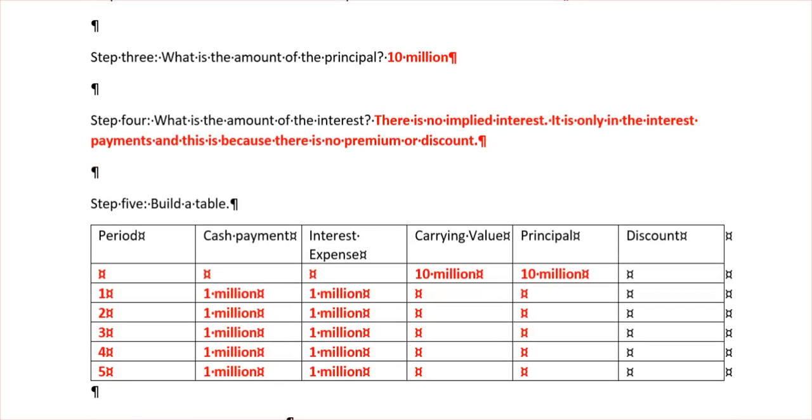So as we build the table, I wanted to build this table for a reason. The reason I want to build the table is I want you to understand that thing that's so important, which is that interest expense is carrying value times market. It still applies for this. In this problem, interest expense is coming completely from the cash component and not the amortization component.